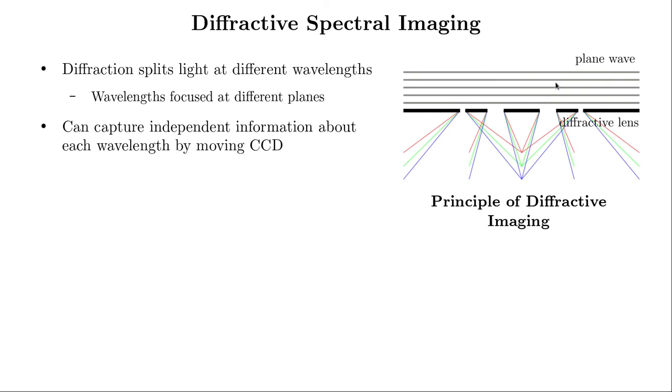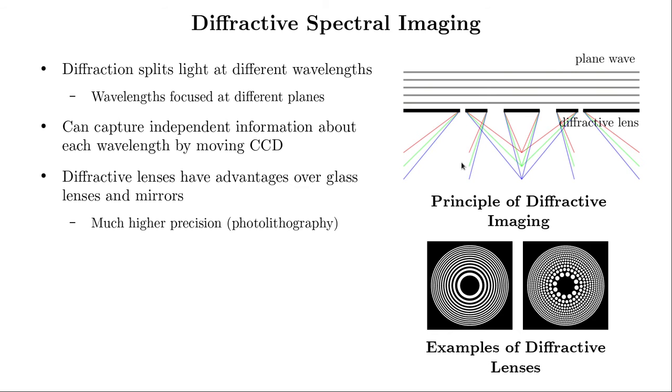So for example, here we have a plane wave coming from some source with multiple spectral components. It hits the diffractive lens and is split into its components, and we can move our sensor, either CCD or CMOS sensor, closer or farther away from the lens to obtain images of these spectral components. And this is how we achieve spectral imaging.